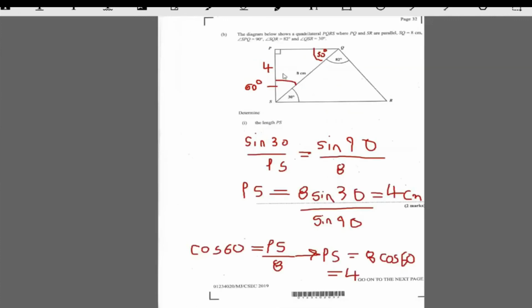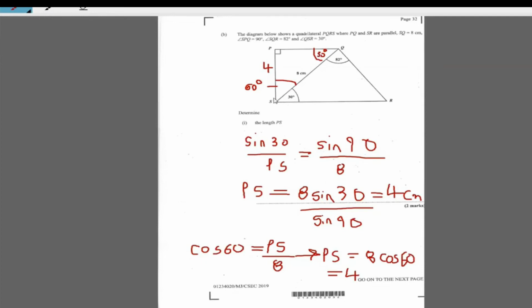The area of the quadrilateral PQRS is just going to be equal to the area of this triangle plus the area of this triangle. Yep, that's how I'm going to do it. All right. The area of this triangle, half base times height, plus the area of this triangle, half AB sine theta.